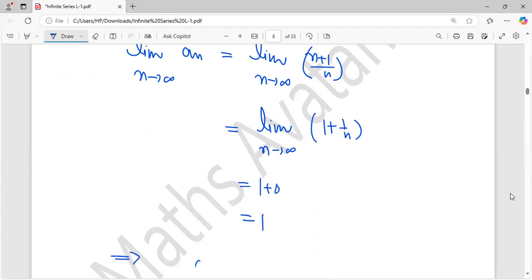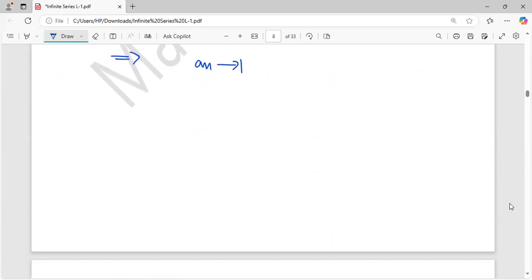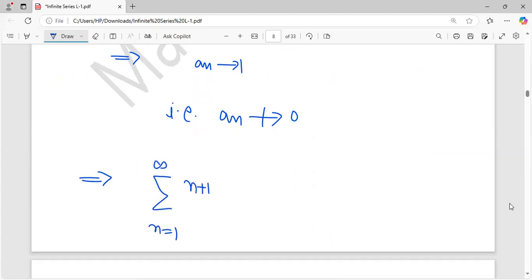So this implies an tending to 1. If an is tending to 1, it is not tending to 0. So this implies this series n plus 1 upon n is not convergent. Okay. Example 4.